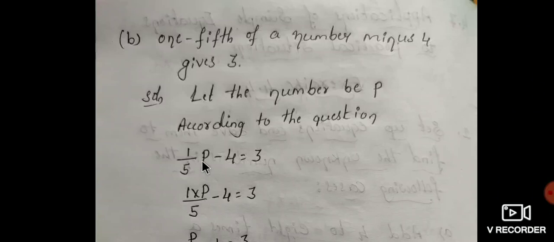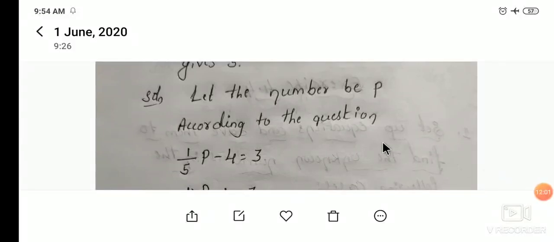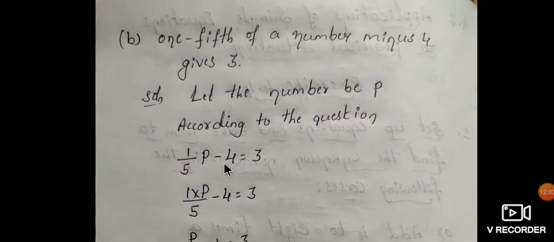Next we have to find the value of the unknown variable. In this equation, the unknown variable is p. We should find the value of this p. So 1 into p by 5, the denominator is 5, minus 4 equals 3.